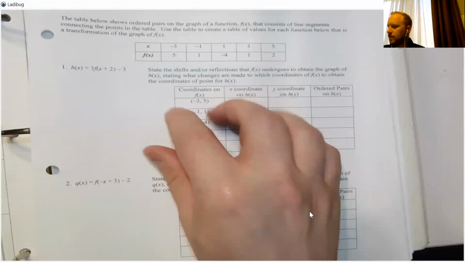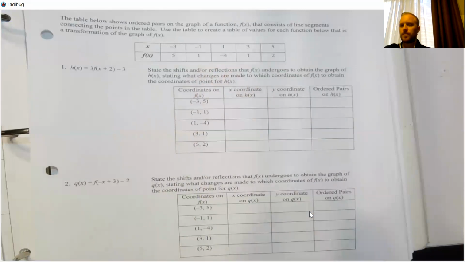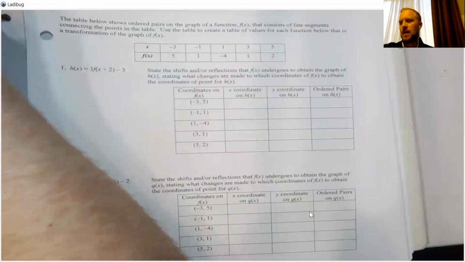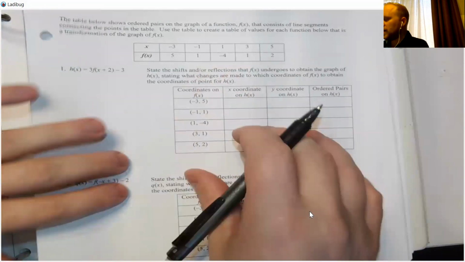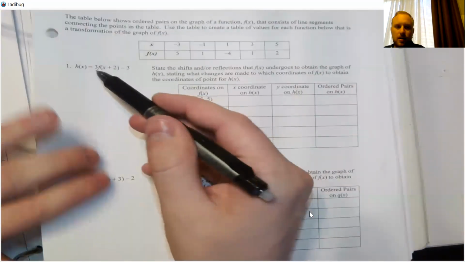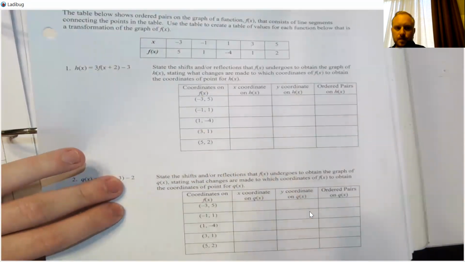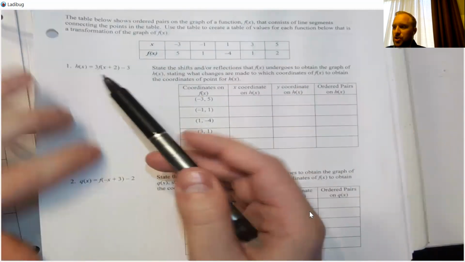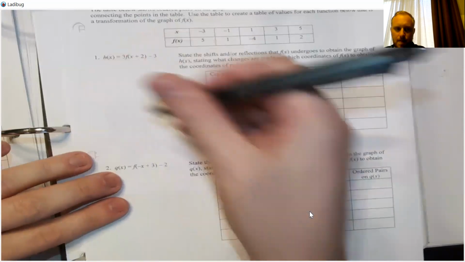Here we have a table of values, and the coordinate that they gave us was (-3, 5). What I want to see is what x values are being manipulated with h of x. It's got a vertical dilation, so I'm going to write that.